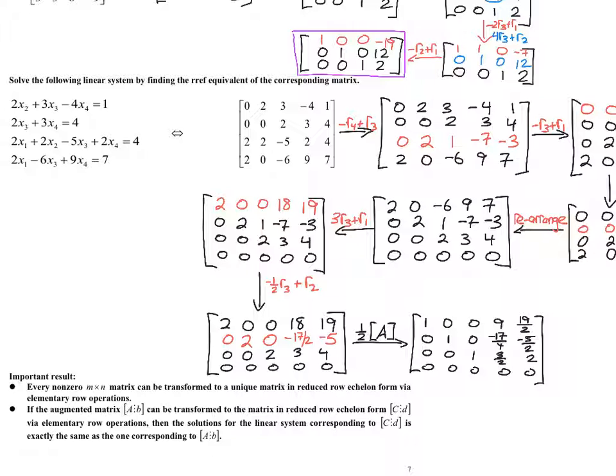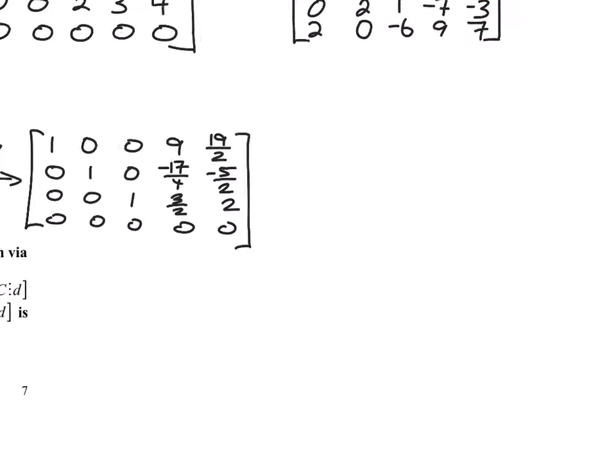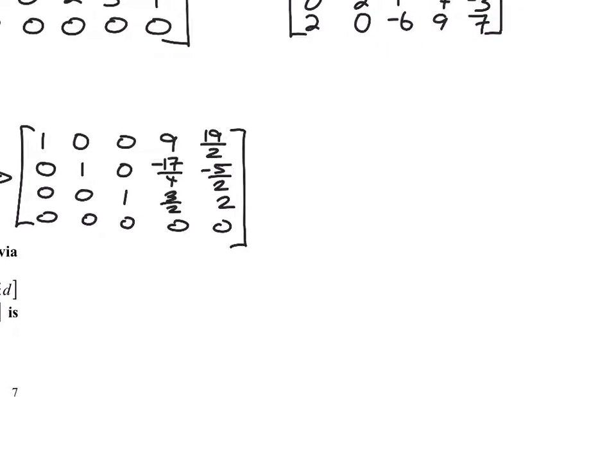So basically the first 4 columns are referencing x1, x2, x3, and x4. So we can put this back in the real terms that we were given and write some algebraic expressions. The first one would be x1 plus 9x4 equals 19 halves.